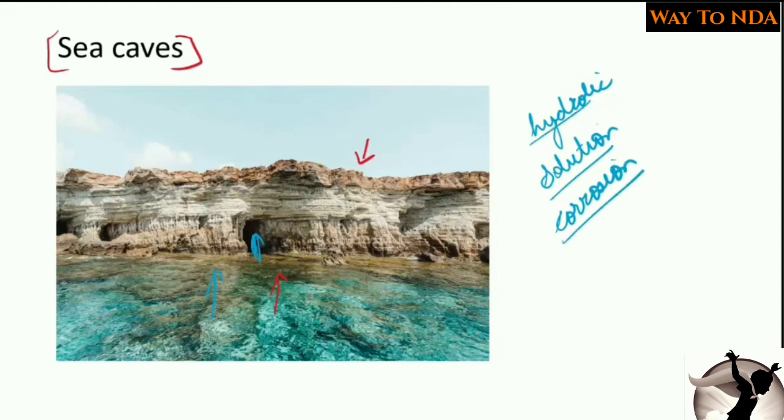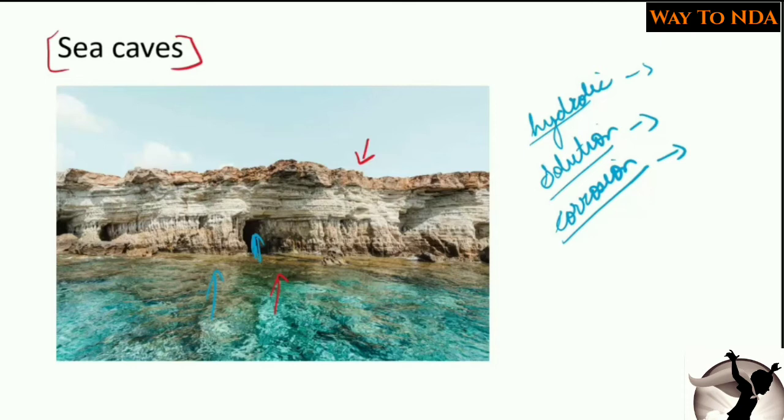Due to all of these three actions, we know that in the hydraulic action the air is compressed, and again when the wave retreats, the air is expanded. Here you can see the chemical structure of the rocks changes, and it gets dissolved into the seawater, and the fragments are broken into pieces. And then in the corrosion, the wave is bringing the coarser material along with it, and it is hitting the cliff and wearing it away.